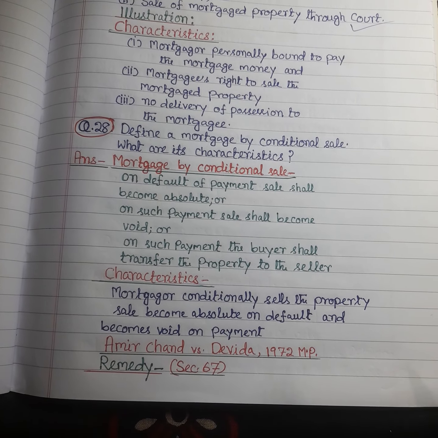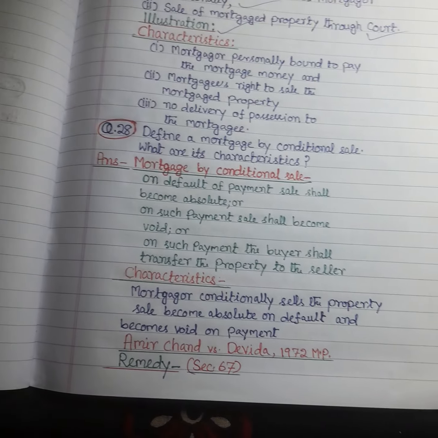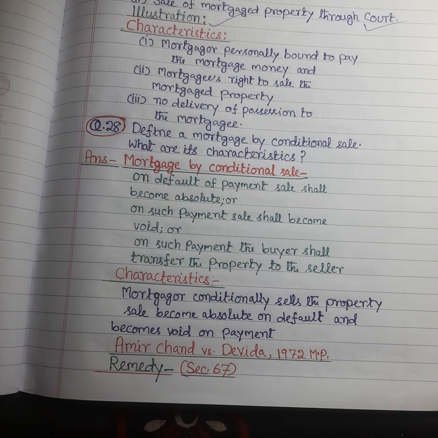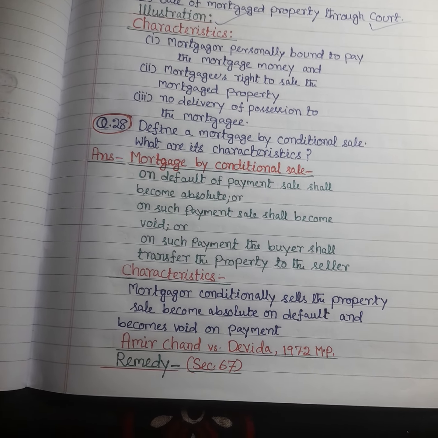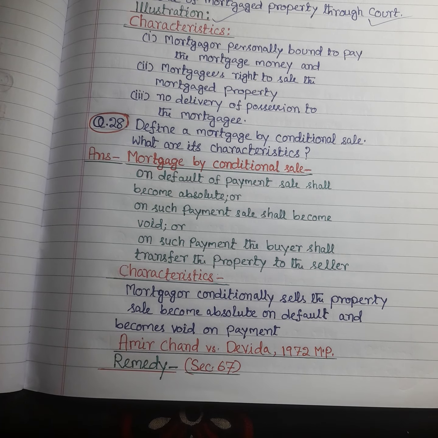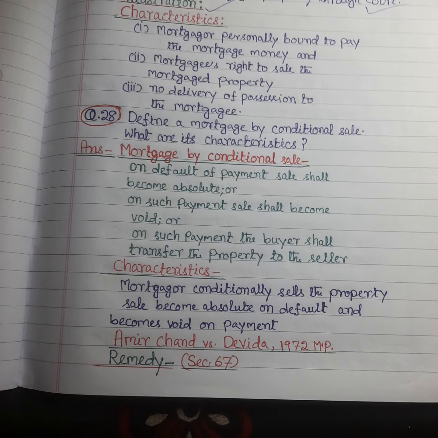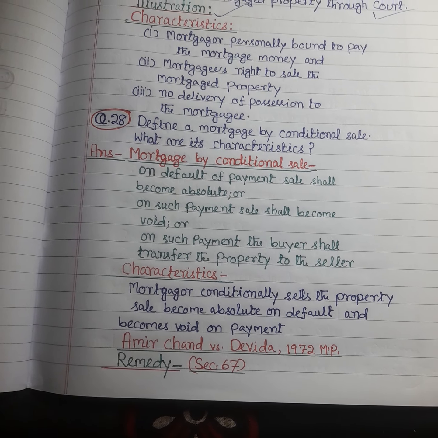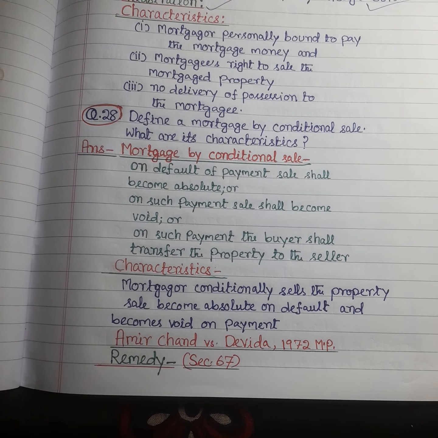In connection to that, we will discuss one illustration to clarify these remedies. The illustration is that A has advanced 10,000 rupees to B upon the security of his house. Later on, A may find that the house is not worth Rs 10,000.